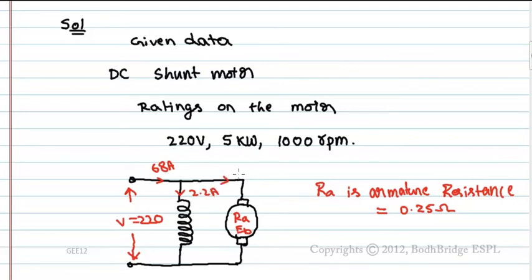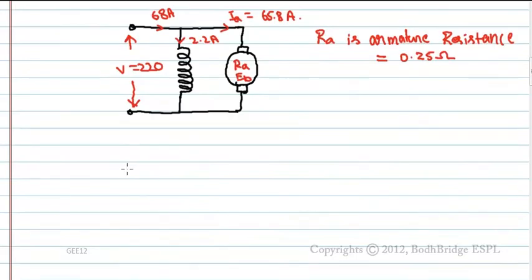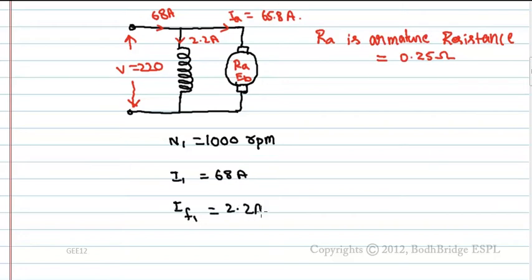Then the armature current IA equals 65.8 amperes. Let us denote all rated values with suffix 1. Then N1 equals 1000 rpm, I1 equals 68 ampere, IF1 equals 2.2 amperes, IA1 equals 65.8 amperes.